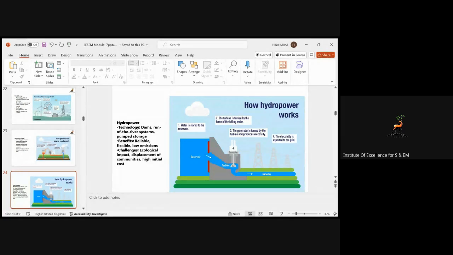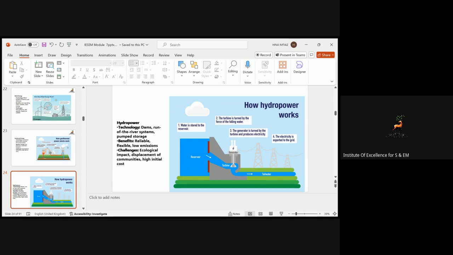The volume of the water flow and the change in elevation, or the fall of the water, often referred to as head, determine the amount of available energy in the moving water. In general, we can say that the greater the water flow, the higher the head, and then the more energy will be produced. So if the water flow is high, it will produce more electricity.